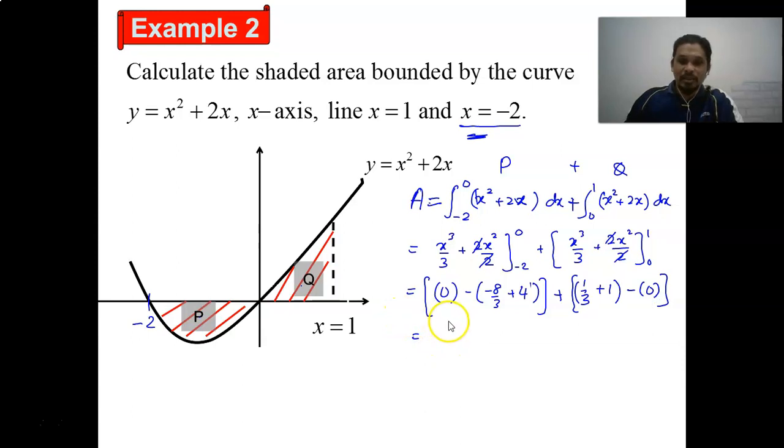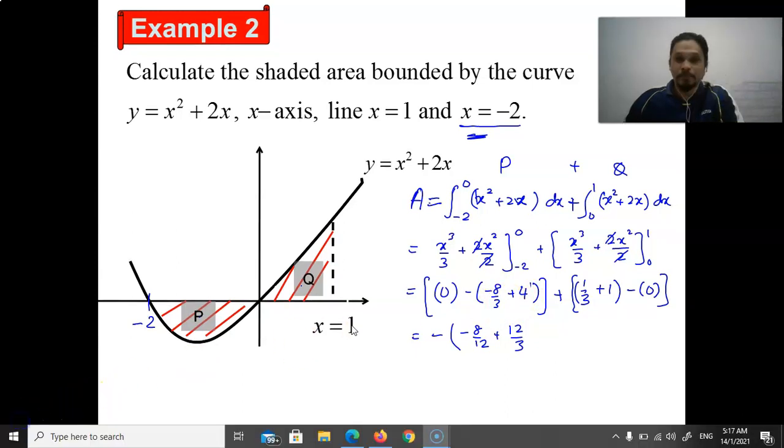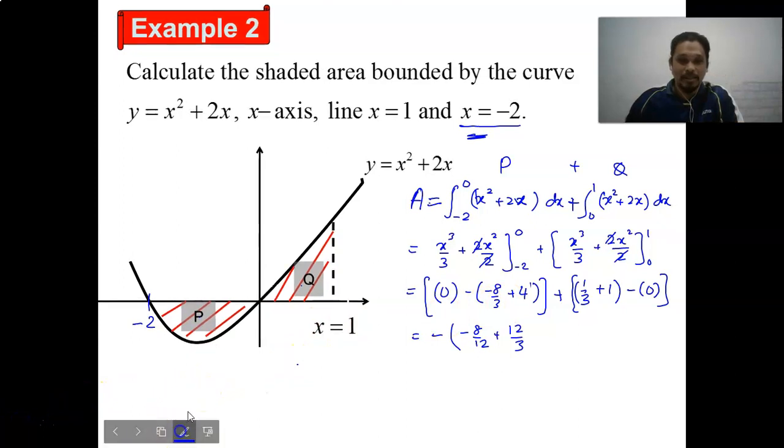Okay, look at this one here now. 0 minus, so minus, what about this one? Turn this 4 into a fraction with the denominator of 3. Oh no, I make a mistake here, sorry then.